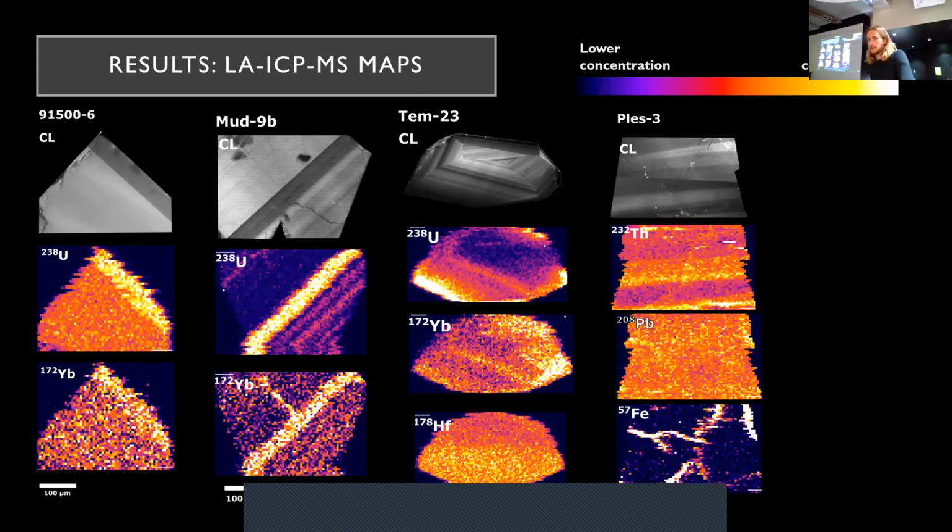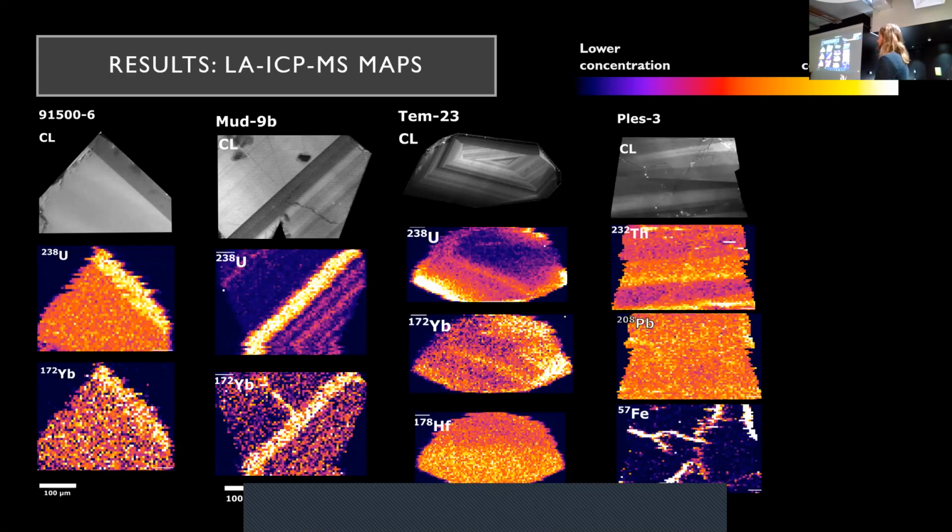Plesovice, again, we see the same thing. What I wanted to point out here was that the parent radioactive isotopes like uranium and thorium, which decay to lead in our crystals, actually sometimes in the case of Plesovice and a few other crystals, don't match their daughter isotopes.